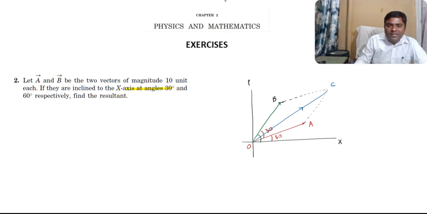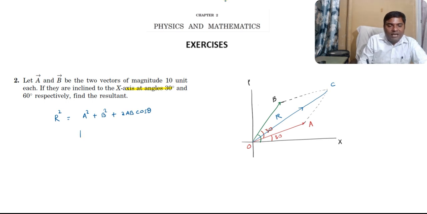So the resultant, suppose R: R square is equal to A square plus B square plus 2AB cos theta, where theta is the angle between the vectors.